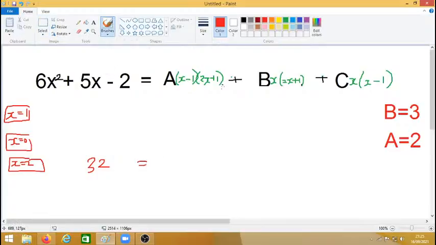On the right hand side, I think I'll let you do this one. If x is 2, you tell me what the first term will work out to be, what the second term will work out to be, what the third term will work out to be. I'll give you about a minute.